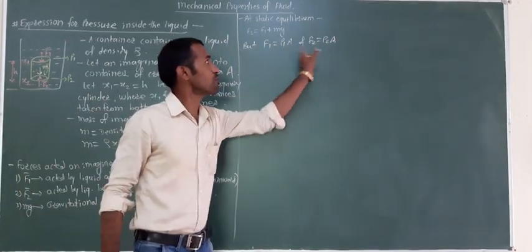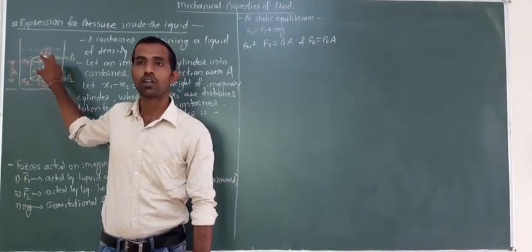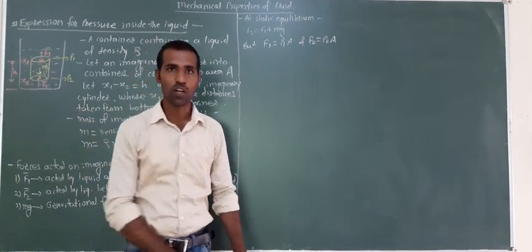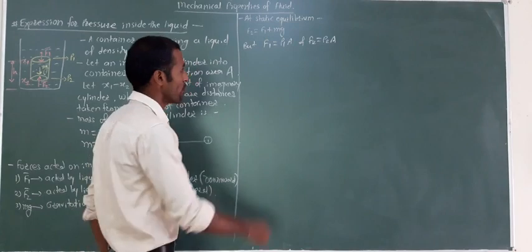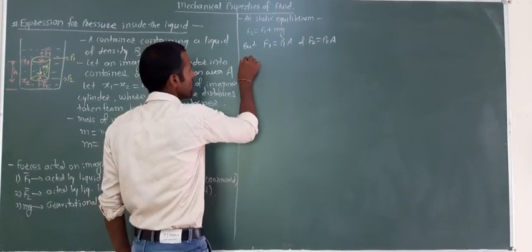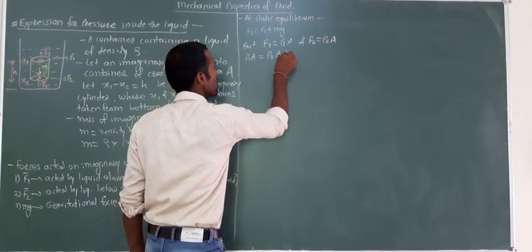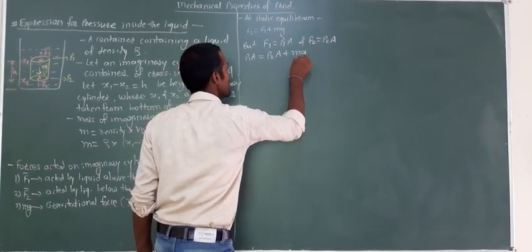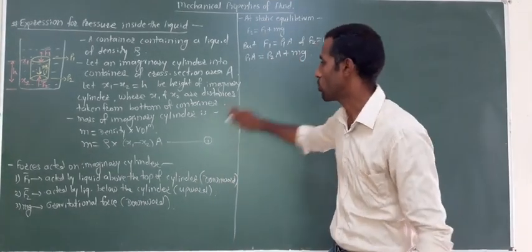For both the forces, we have taken the same cross-sectional area because the height of that cylinder is very small. We can substitute both the values into our equation so that we get P1A is equal to P2A plus mg. Let's substitute the value of m from equation 1.